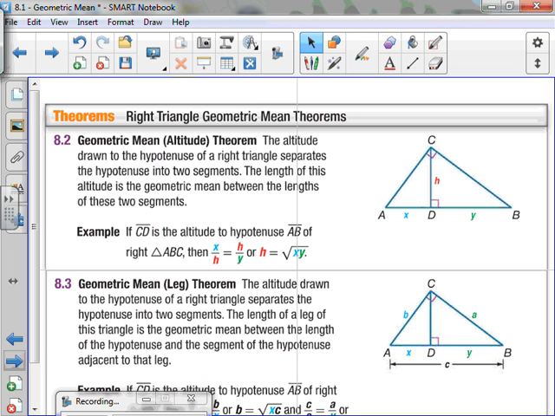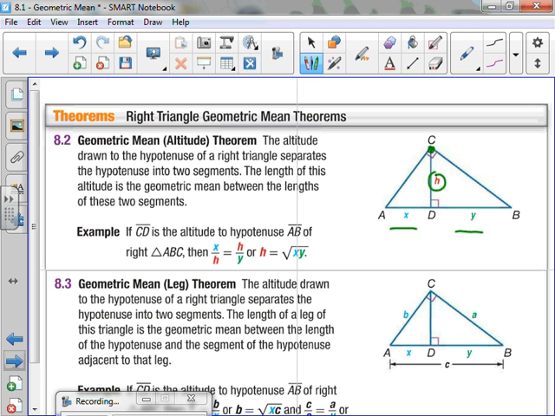For this one, once again, we have the same setup where CD is our altitude. Now let's look at what geometric mean we're talking about. We know that B, this guy right over here, is going to be the geometric mean of X and C. B is the geometric mean of X and C. And A is the geometric mean of Y and C. So let's write out an example of what this says.